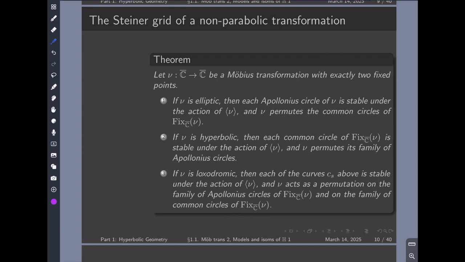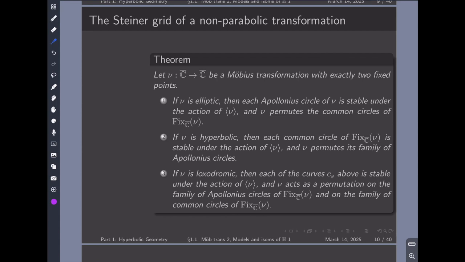In the case of multiplication by a negative real number, in that case, each common circle is preserved actually. Okay, but I think in that case, the common circles are the loxodromes.